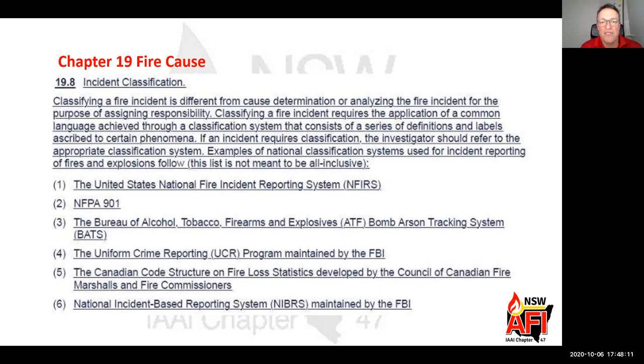If an incident requires classification, the investigator should refer to the appropriate classification system. So that's what they're saying here: refer to their reporting system or our reporting system. NFPA 901, ATF have got their own reporting system. You can refer to AIRS in Australia, or what do they use in New Zealand.